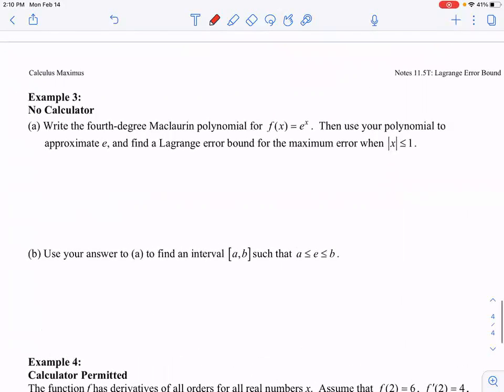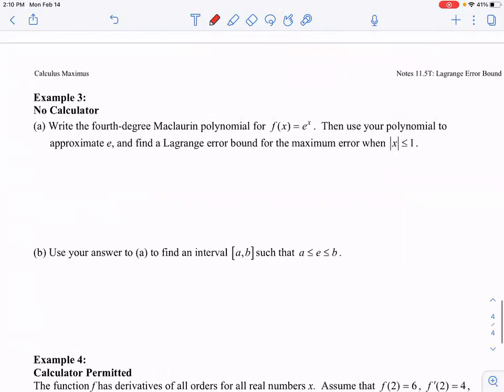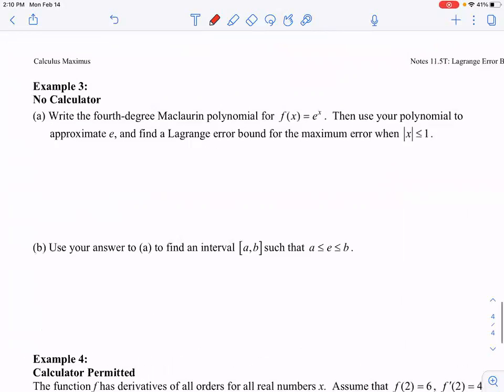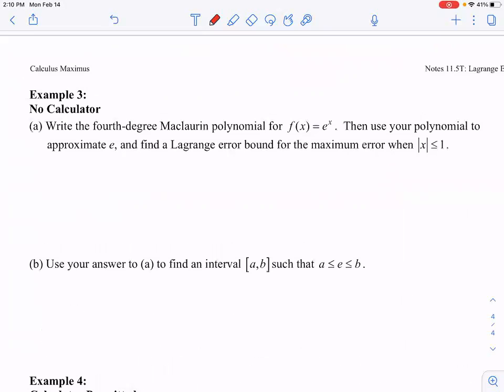Okay, this is going to be really exciting. We're going to write the 4th degree Maclaurin polynomial for e to the x. I'll wait for you. We have to write them all out right now. What's our first derivative?